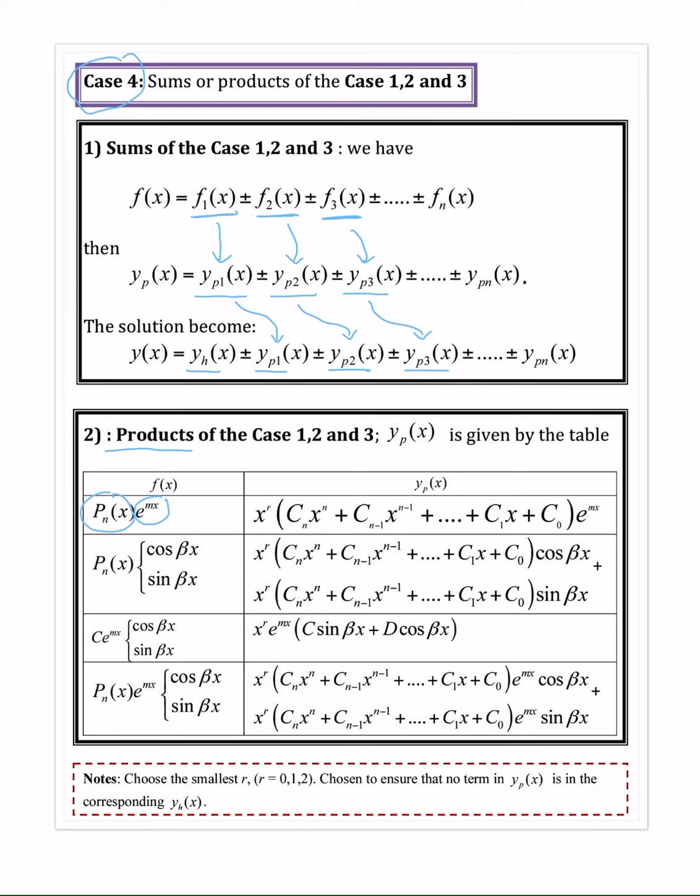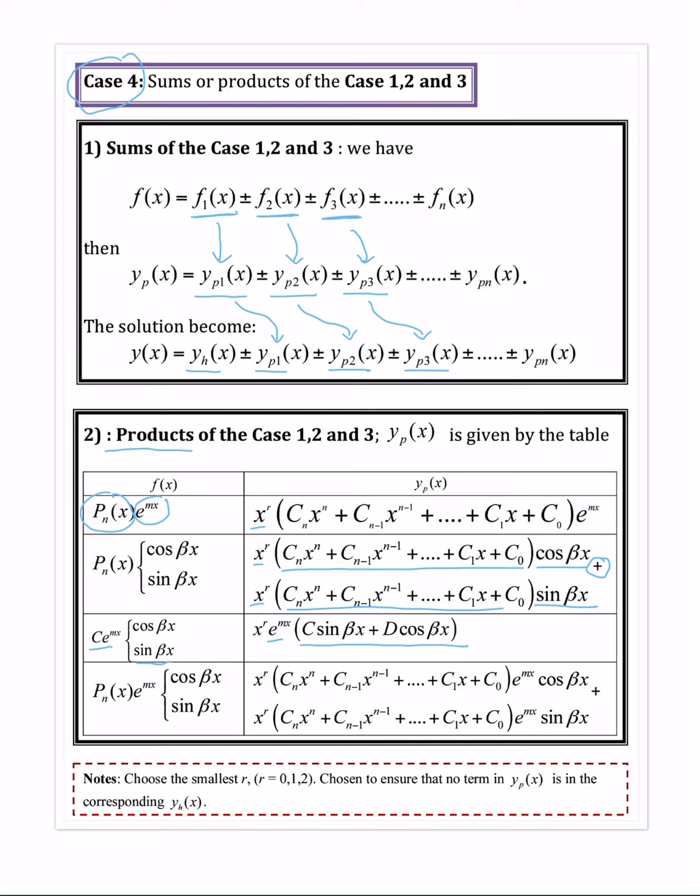How about the second one, polynomial multiplied with cos or sine? It will be polynomial multiplied with the cos plus polynomial multiplied with the sine. The x^r here remains. How about the exponent multiplied with cos or sine? We'll have exponent multiplied with the cos plus sine here.